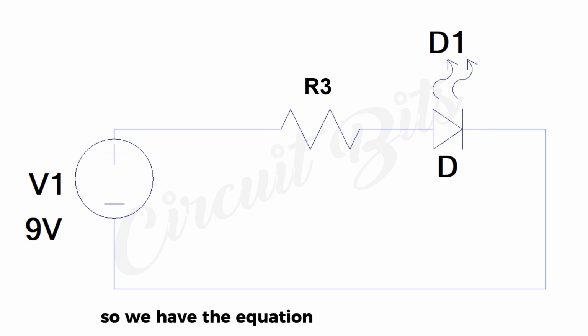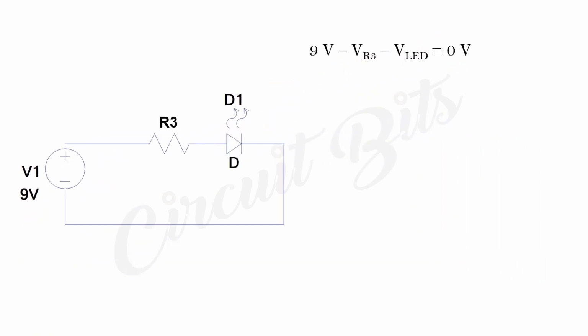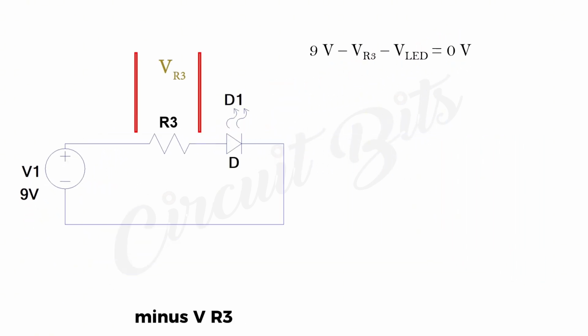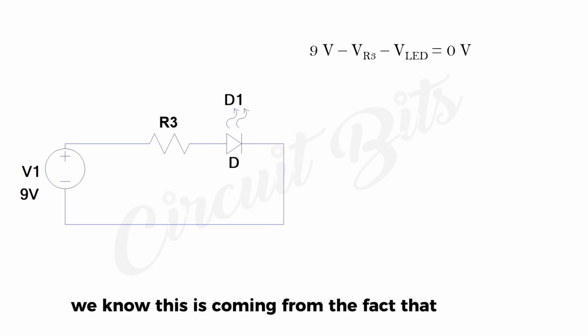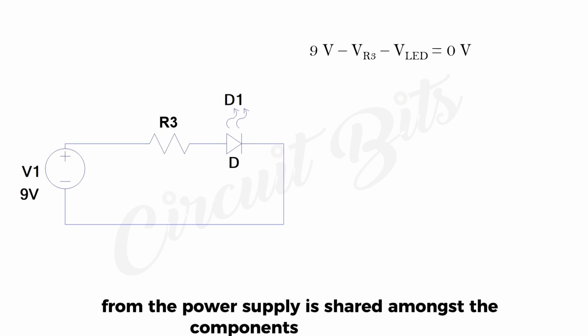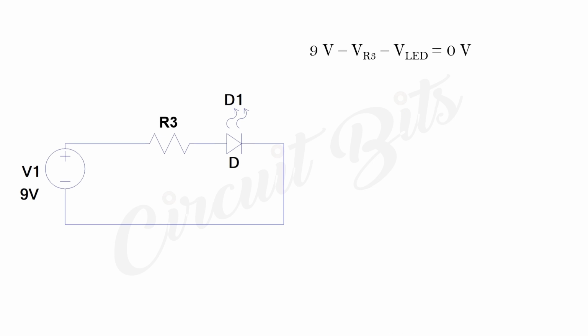So we have the equation for the voltages to be 9 volts from the power supply minus VR3 minus VLED. And of course, we know this is coming from the fact that in a series circuit, the voltage from the power supply is shared amongst the components of the circuit.